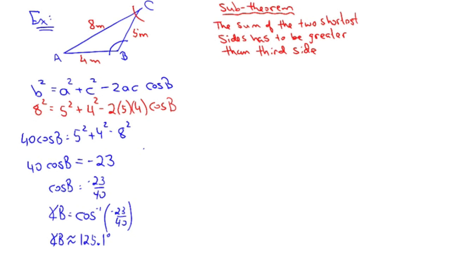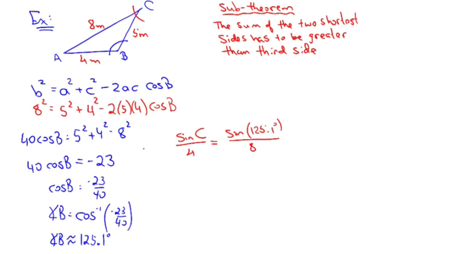So if we're going to look for C using the law of sines, you'd go sine of C over 4 is equal to, pick the angle that we know. We only have that one, sine of 125.1 over 8.